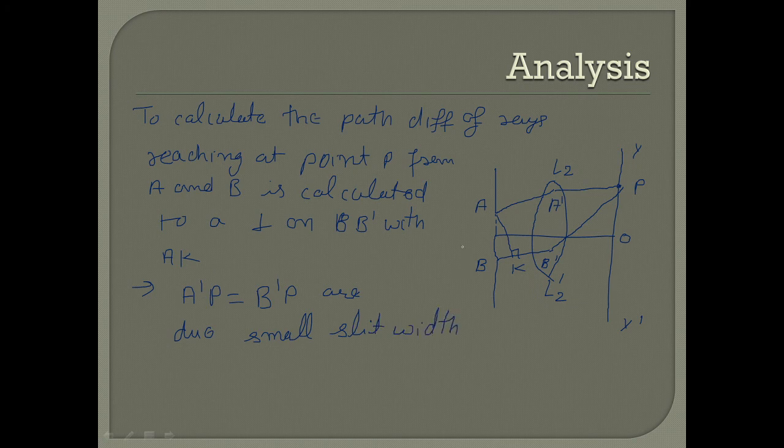Due to small slit width, this width is considered as D. Let me calculate the path difference for the analysis from the triangle ABK.